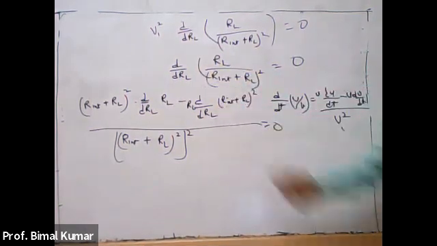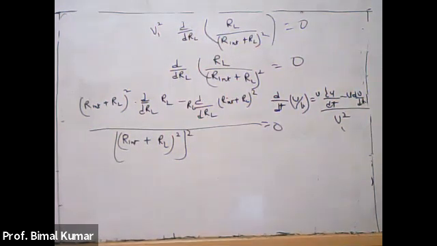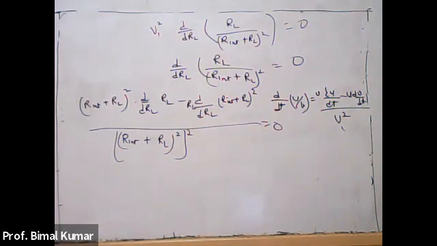I'm just differentiating this equation with respect to RL, where I am taking RL as u and R internal plus RL whole square as v, right?